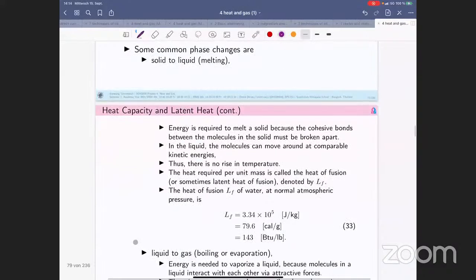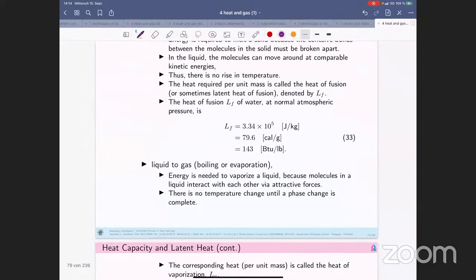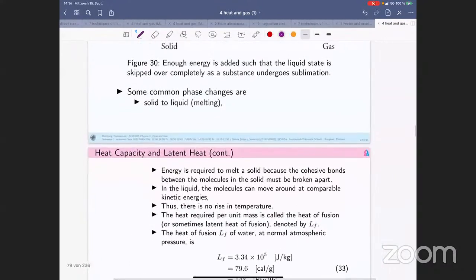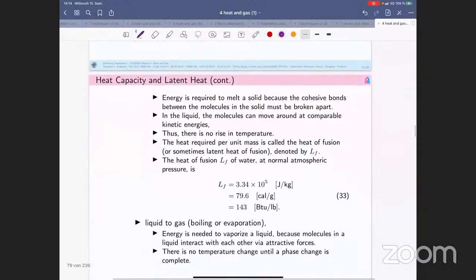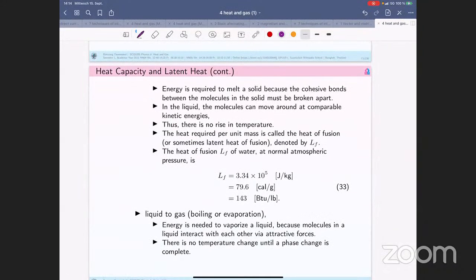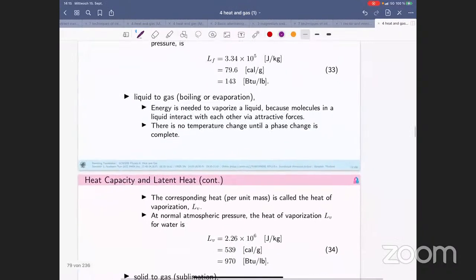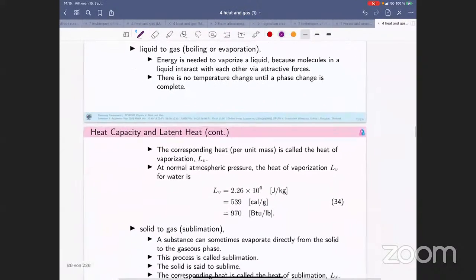And from liquid to gas, it's the boiling process, or if you convert it, it's going to be called evaporation. Boiling process, and energy is needed to vaporize a liquid because molecules in a liquid interact with each other via attractive force.